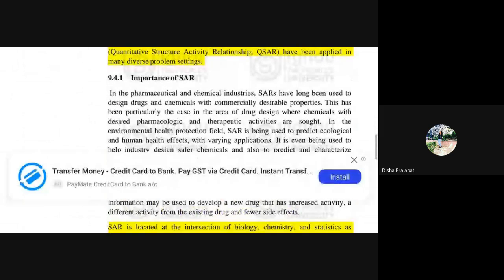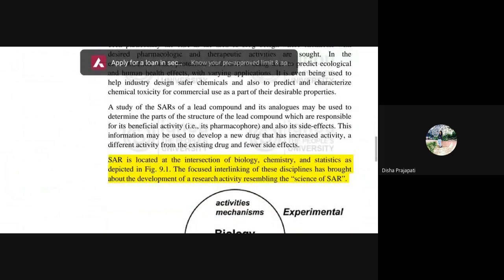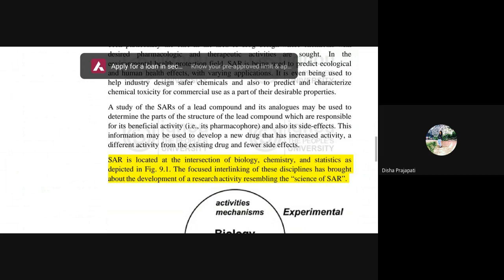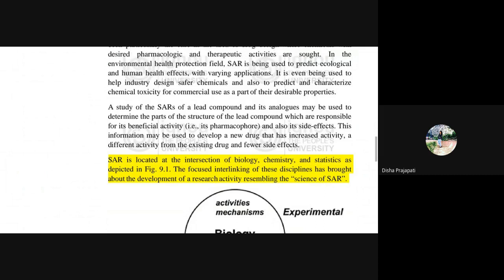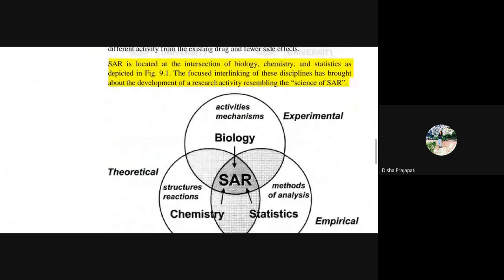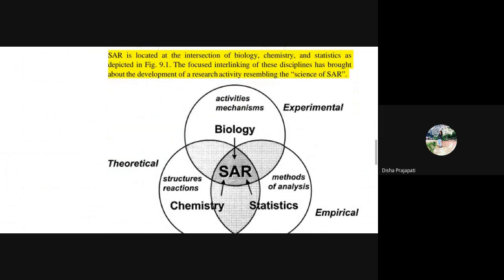What is the importance of structure activity relationship? Structure activity relationship is located at the intersection of biology, chemistry, and statistics as depicted in figure 9.1. The focused interlinking of these disciplines has brought about the development of research activity resembling the science of structure activity relationship.